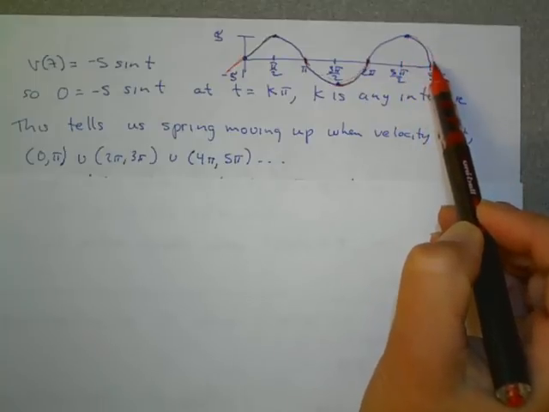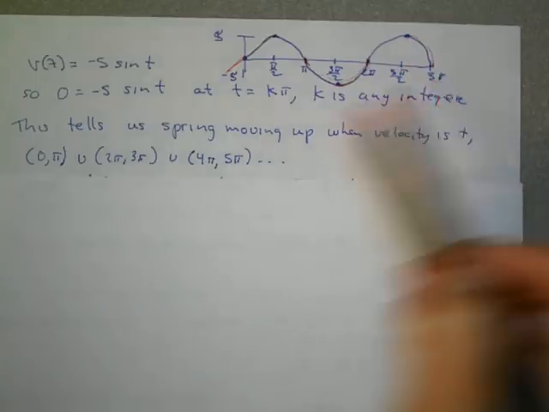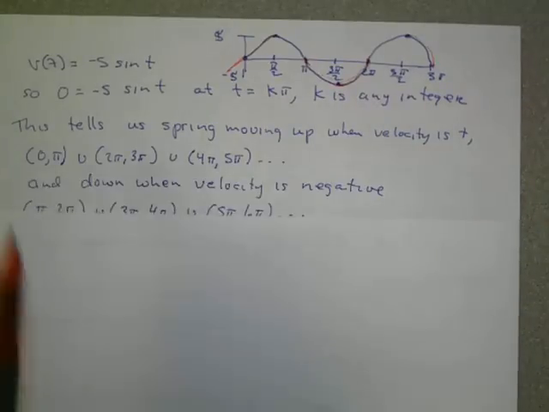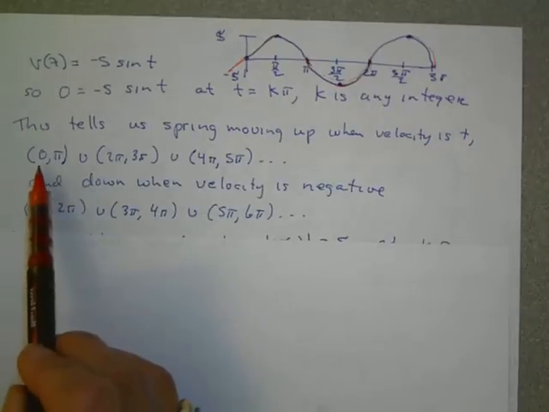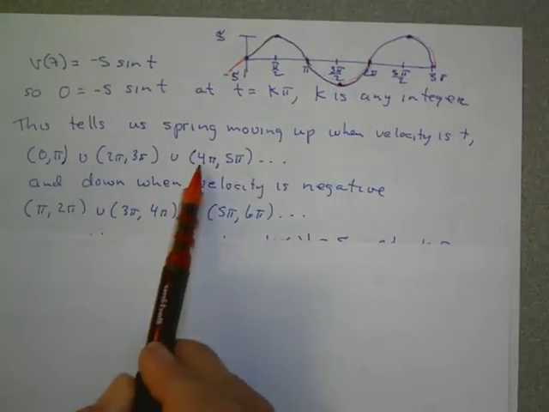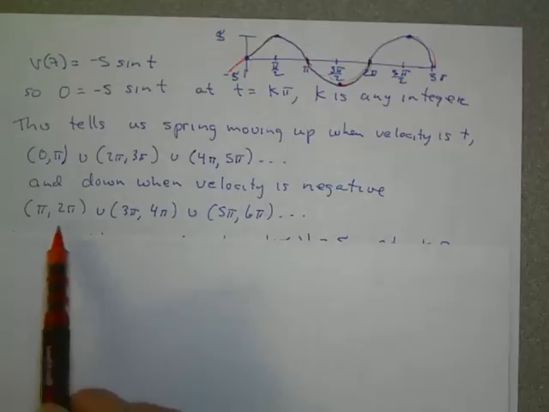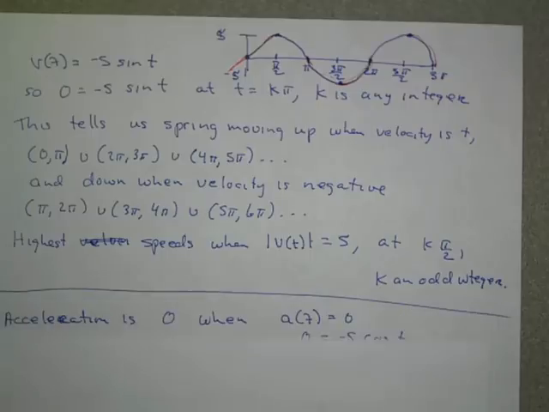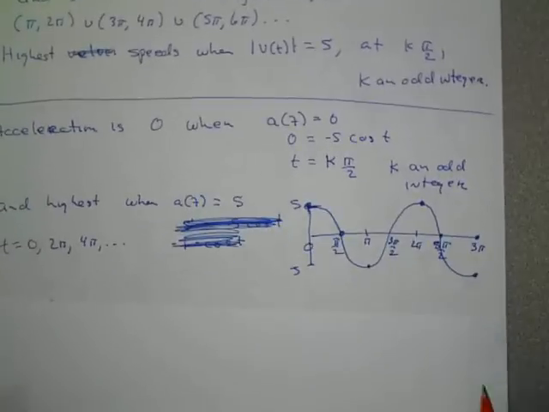It comes up, gets faster and faster, starts slowing down, although it's still going up till it gets to here. So it's moving up and down, and it moves up when the velocity is 0 to pi, 2 pi to 3 pi, 4 pi to 5 pi, down with respective velocities.